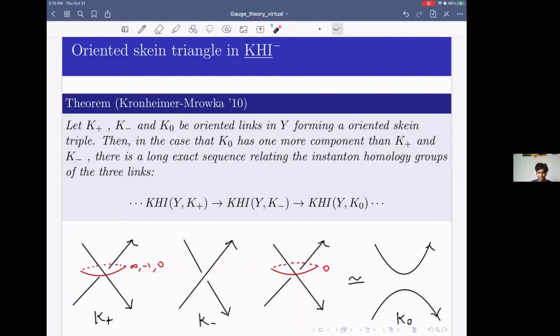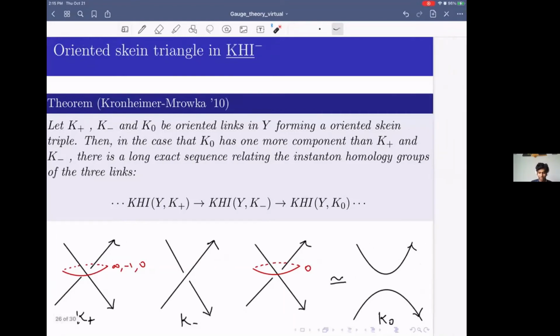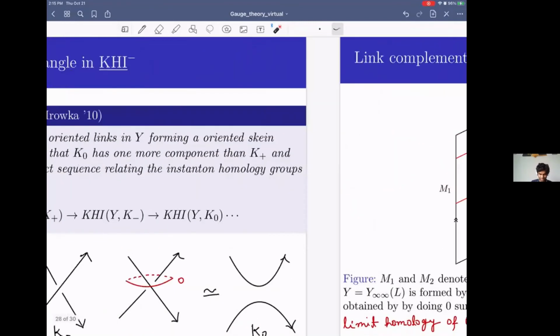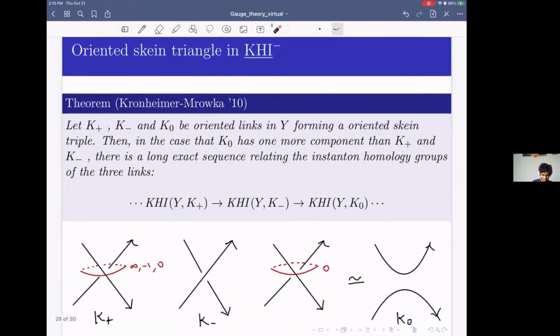So here is what you can do. Instead of thinking of a decomposition-like theorem, we can look at the link complement of K0. Let's just focus on a simple case where K plus is a knot, K minus is a knot, and this is a 2-component link. What we want to do is identify again the meridional annulus, exactly the reverse of this map.